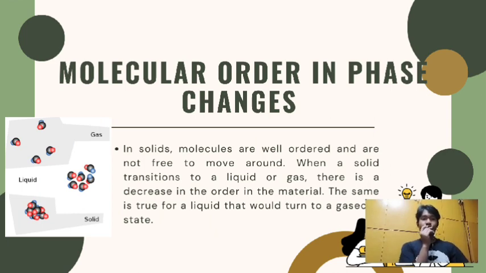Molecular order in phase changes. In solids, molecules are well ordered and are not free to move around. When a solid transitions to a liquid or gas, there is a decrease in the order in the material. It is because a solid is well compacted, and if you turn it into a liquid state, the order is lessened and there's space for the molecules to move.